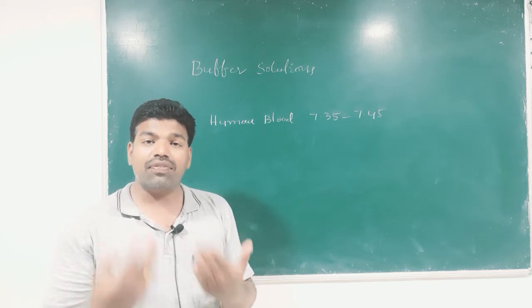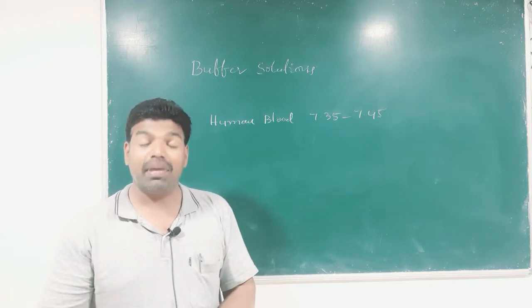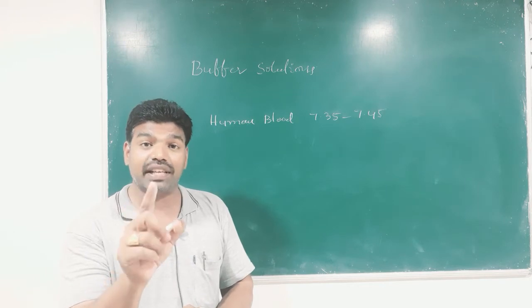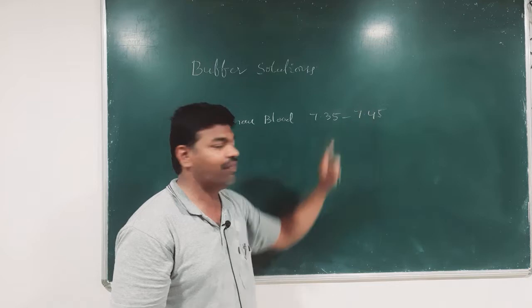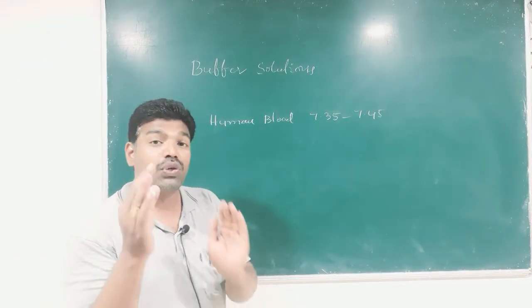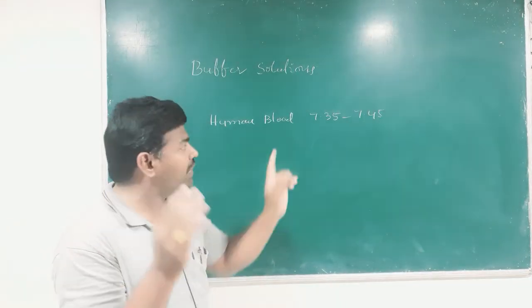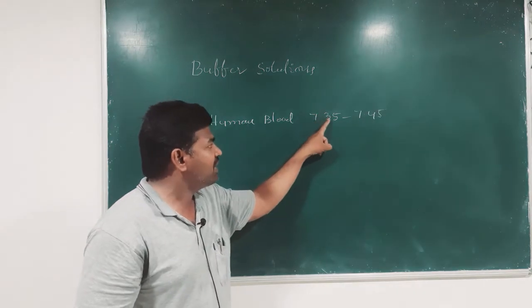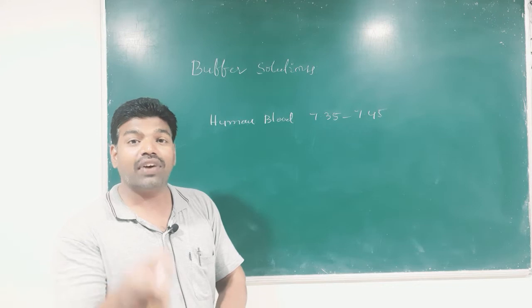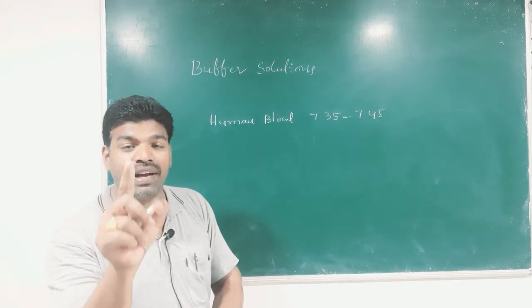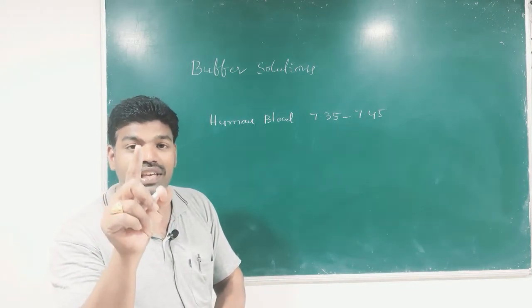Human beings are always consuming food which is acidic in nature, and we consume food which is basic in nature, but our blood pH remains in the range of 7.35 to 7.45. The buffer present in human blood maintains that pH range.